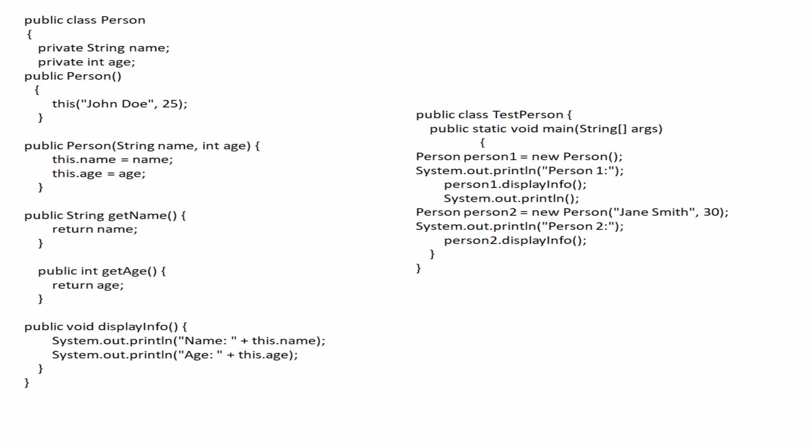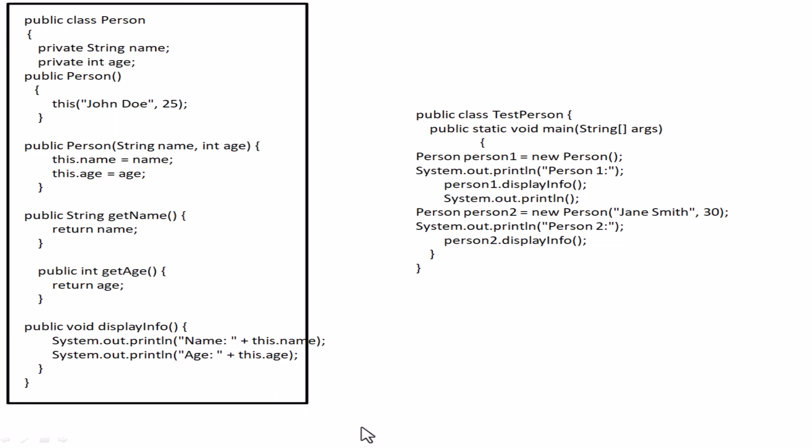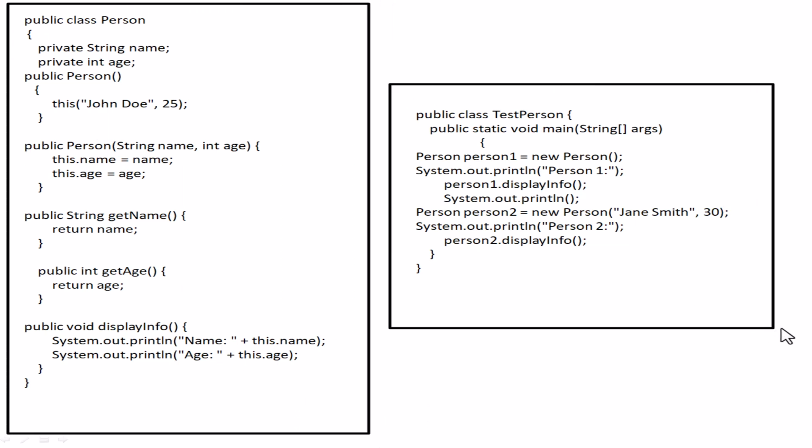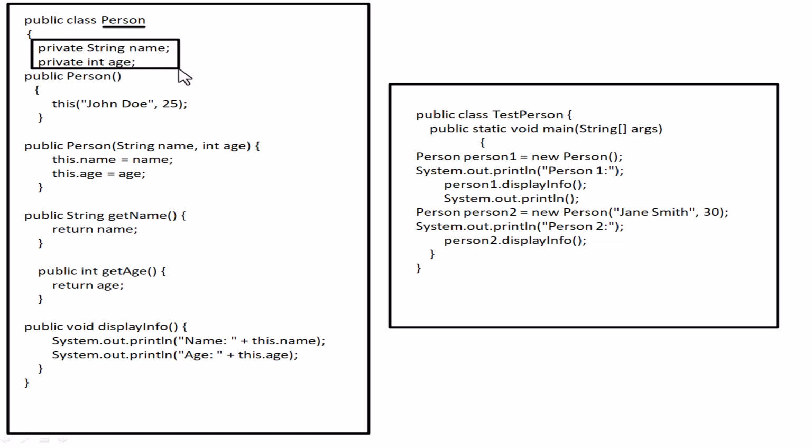Here you have two classes. The first class is Person, the other class is TestPerson. The class named Person contains different attributes declared as private: private String name and age.